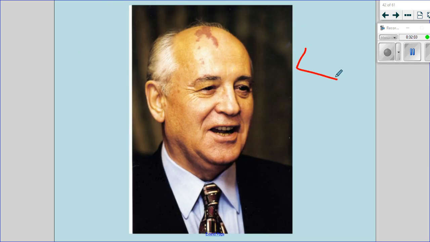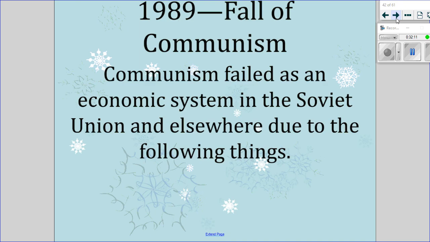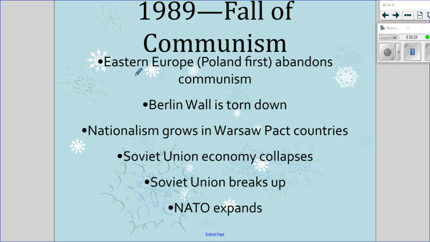Mikhail Gorbachev ends up getting a Nobel Peace Prize because of his willingness to rule by love instead of fear. All right. So in 1989, communism completely failed as an economic system in the Soviet Union and elsewhere due to the following. All right. So Eastern Europe, starting with Poland, abandons communism.